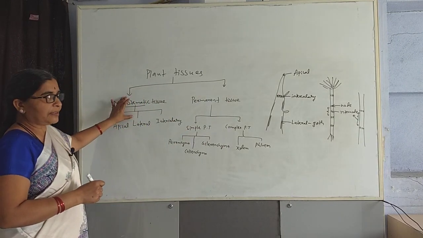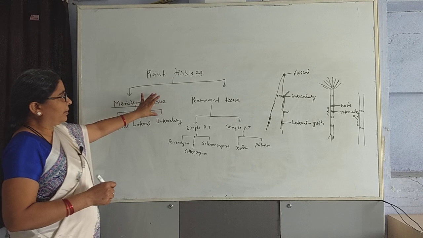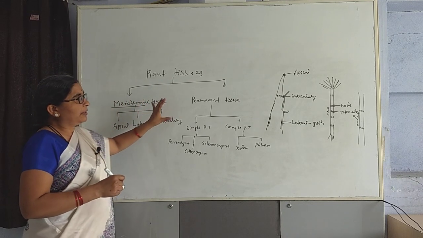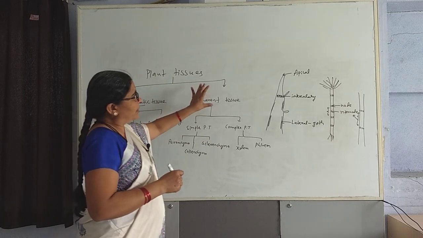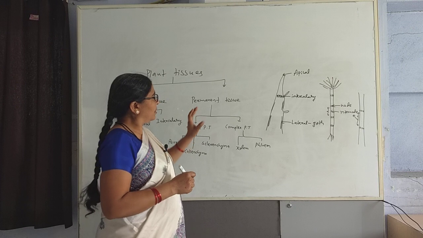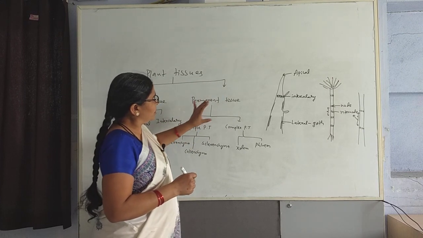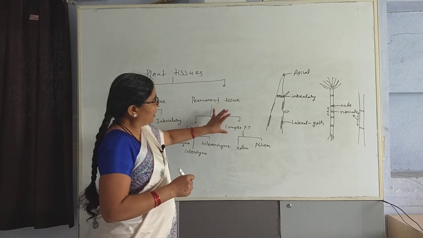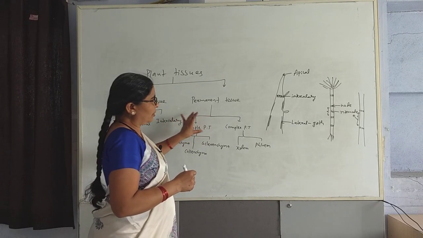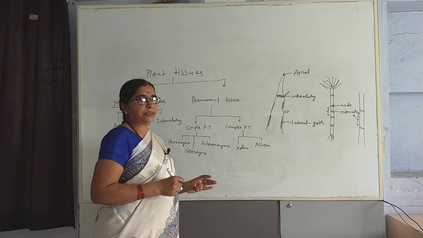Permanent tissues are simple and complex. First we will go to simple permanent tissue, then we will go to the complex permanent tissue.